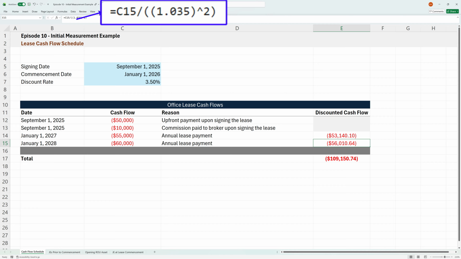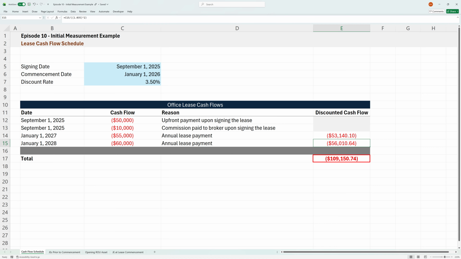That gives a present value of $56,011. So our opening lease liability is $109,151, which is simply the total present value of the two remaining payments as of commencement. That amount will be credited to our lease liability. For this example, we'll ignore the split between current and long-term, and we'll cover that in later episodes.